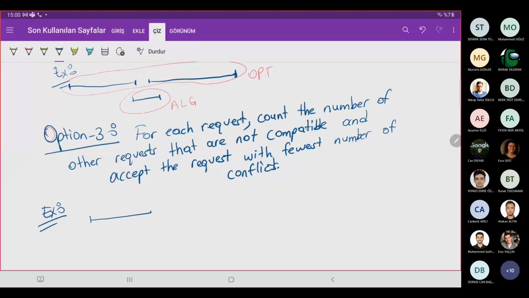I have this, 2, 3, 4, and these ones, okay. 3, with the same start and finishing times here.